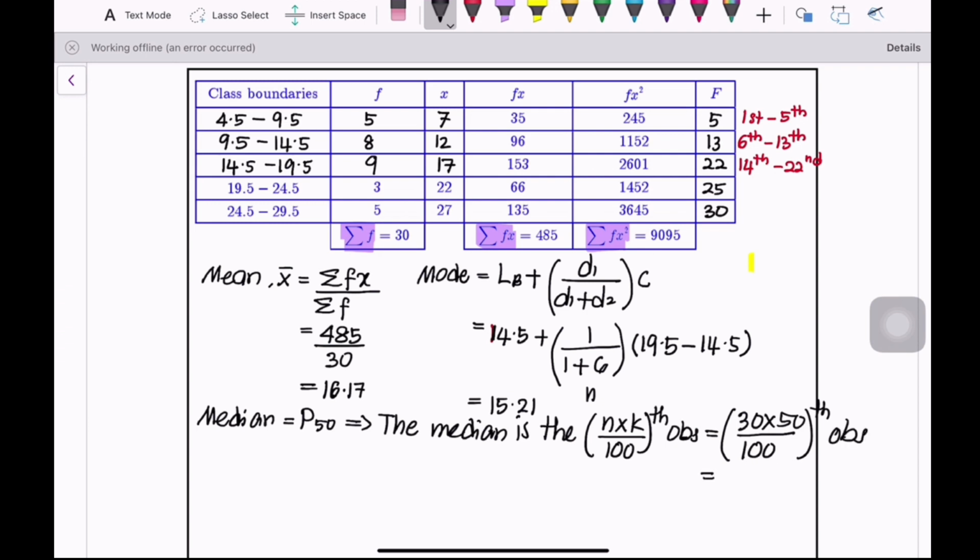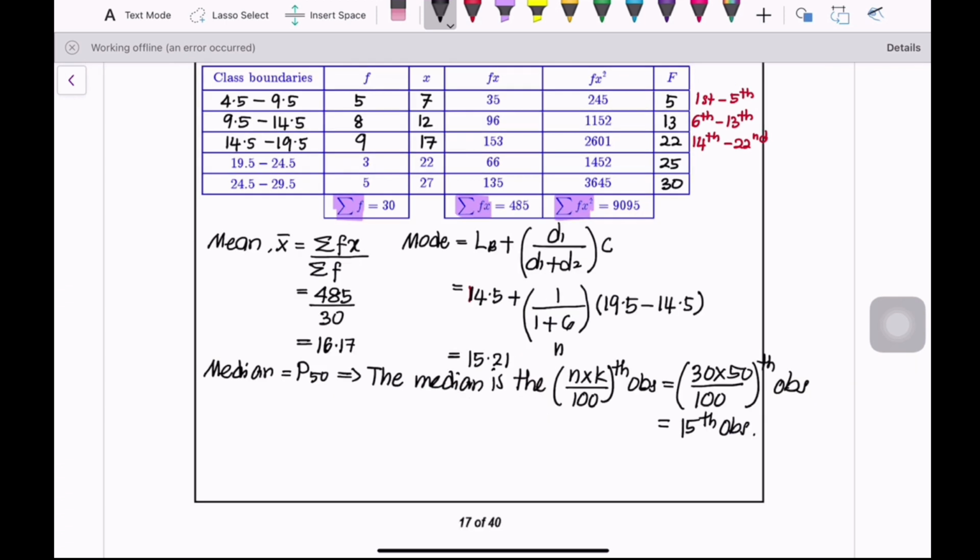So the median is the 50th observation. Now we determine the 50th observation on the table. The 50th observation is here, so we highlight it for the median class.